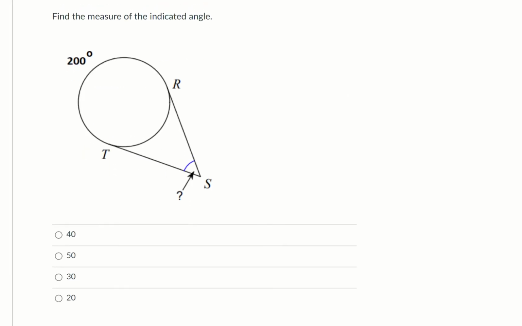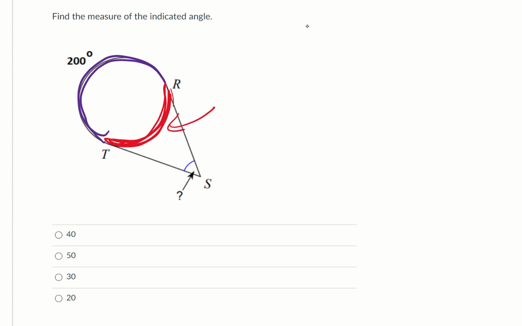All right, find the measure of the indicated angle. So again, we have an angle on the outside by intersecting segments. And we know that the angle here is half the difference between the bigger intercepted arc and the smaller intercepted arc. And we can get the smaller intercepted arc because notice that these two arcs add up to a full circle, or 360.